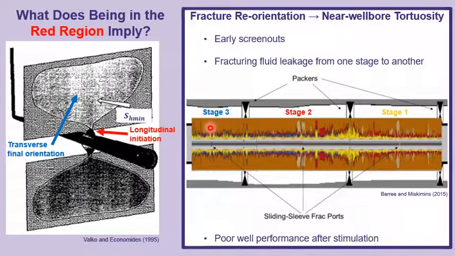This decreases the overall efficiency of the hydraulic fracture treatment and leads to production-related problems such as poor well performance after stimulation, with an adverse impact on the net present value of the overall stimulation treatment.